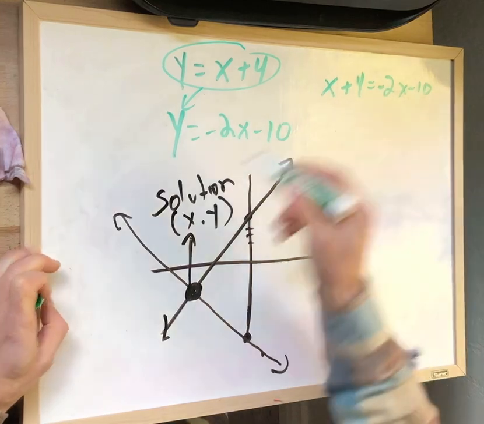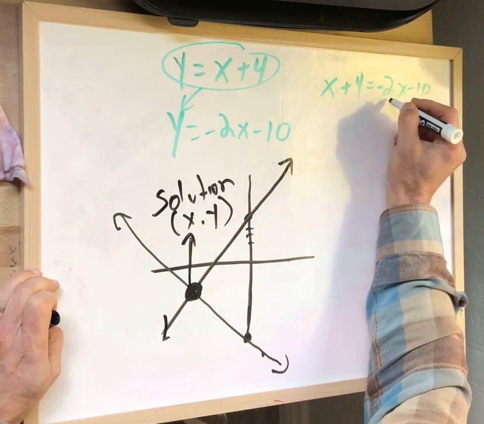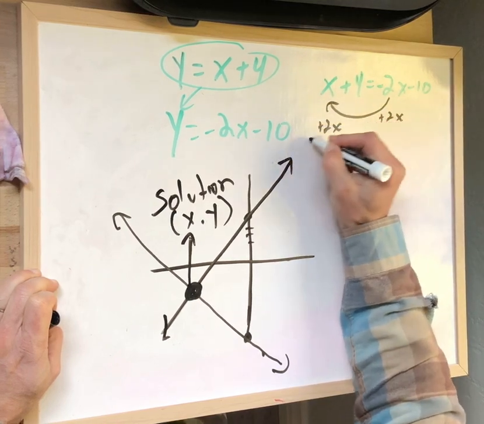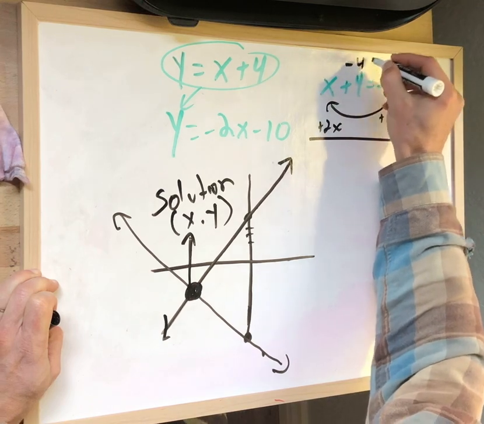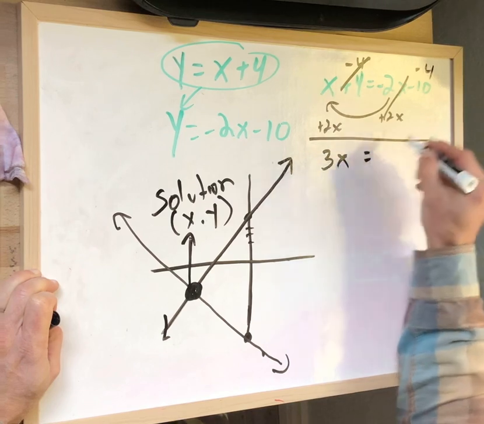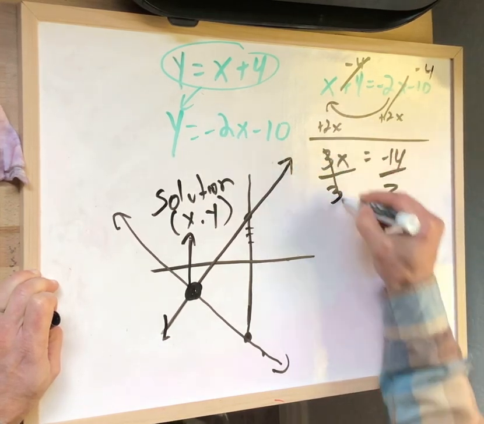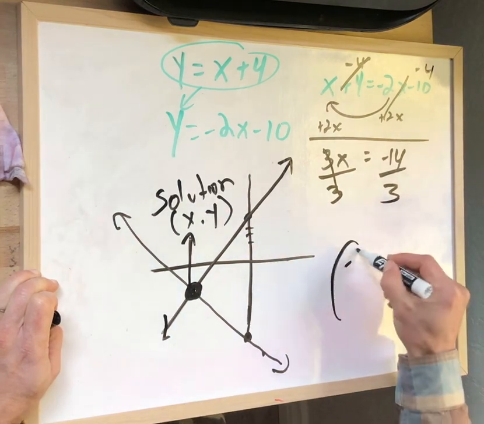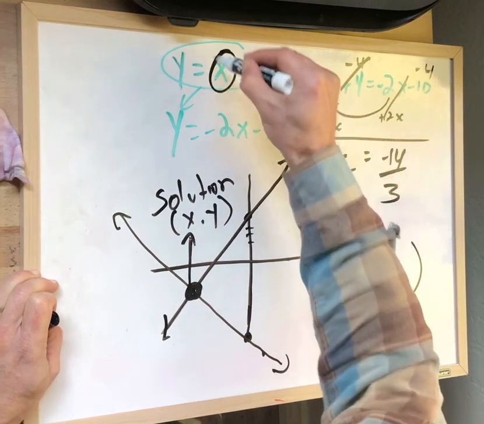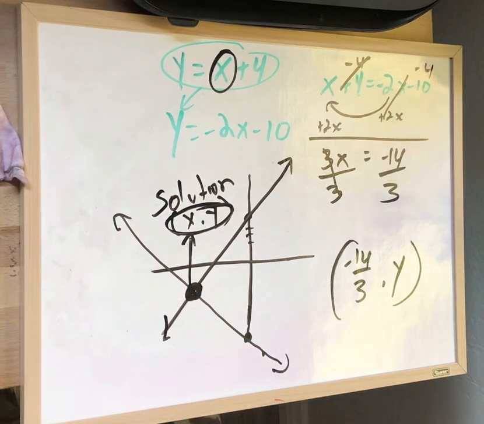Then you move the x's over, so you add 2x, and subtract 4, and you get 3x equals negative 14, divided by 3, and one of your solutions would be negative 14 thirds. Then plug this negative 14 thirds back into here to solve for your y. This coordinate is the solution.